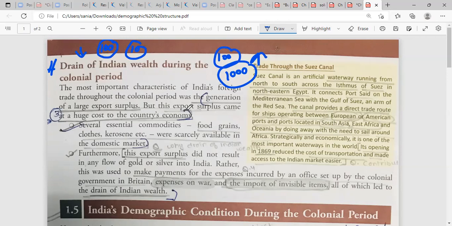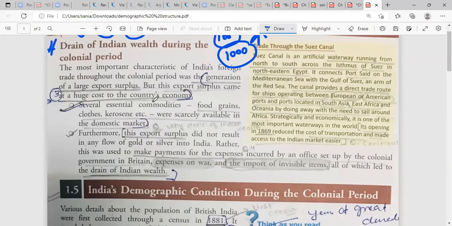But this export surplus came at a huge cost to the country's economy. So instead of getting a lot of money, there was no improvement in the Indian economy. How? Several essential commodities like food grains, clothes, kerosene, etc. were scarcely available in the domestic market. The domestic market is basically within India, right?